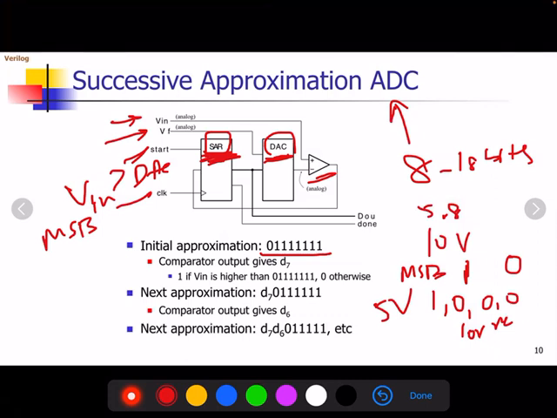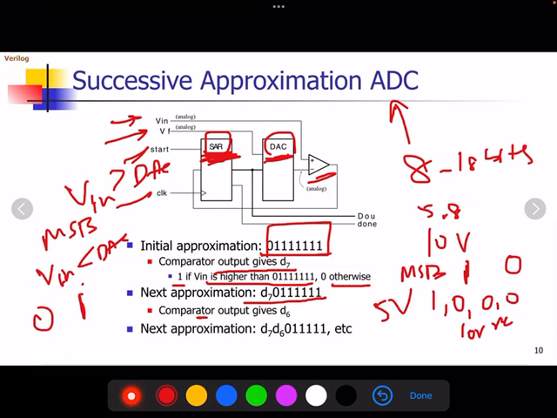Otherwise, if the input voltage Vin is less than the DAC value, the most significant bit is set to 0, and the next bit will be set to 1 for a new comparison. That is what you are seeing over here. The comparator gives D7 as 1 if Vin is higher than the reference value, 0 otherwise. For the next approximation, the comparator output will be considered for D6. That's how the successive approximation ADC works.